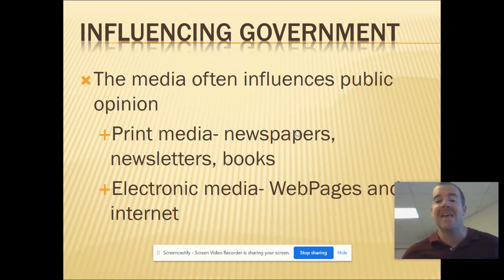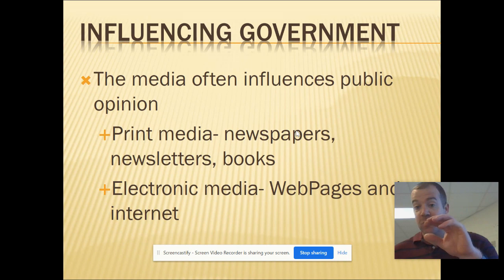How the media influences or can influence public opinion. This has become big today, particularly with social media. For instance, what is one way President Trump communicates with a lot of America? Through Twitter.